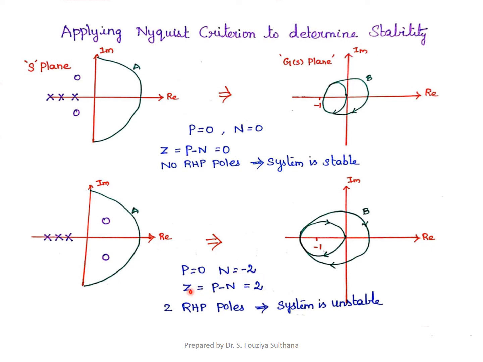When we substitute in Z equal to P minus N, Z will be equal to 2. That means there will be 2 right half plane poles. Z is nothing but the closed loop poles, so there will be 2 closed loop poles in the right half plane. When there are poles in the right half plane, the system is said to be unstable.